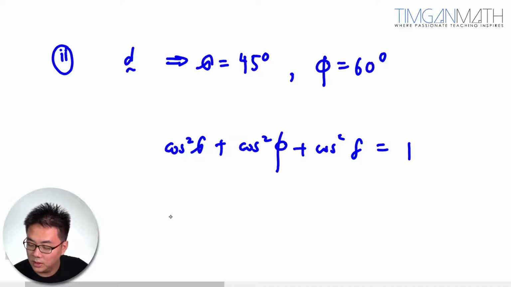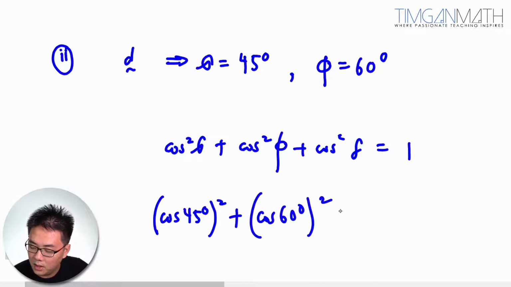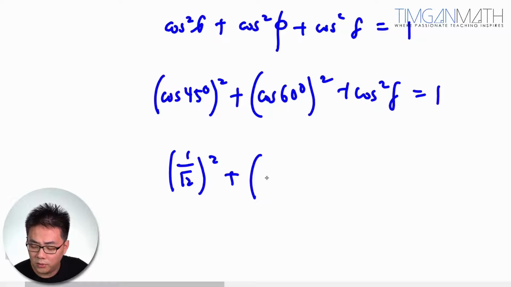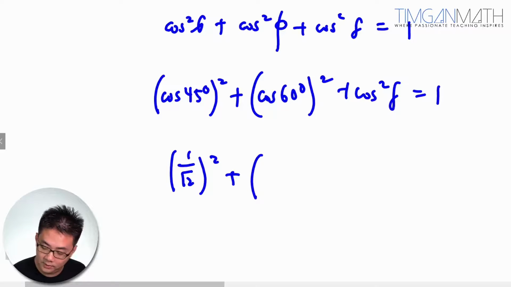So this is cos 45 degrees square plus cos 60 degrees square plus cos square sigma. Cos 45 is a special angle, so this is 1 over root 2 square. Cos 60 is what, half, right?